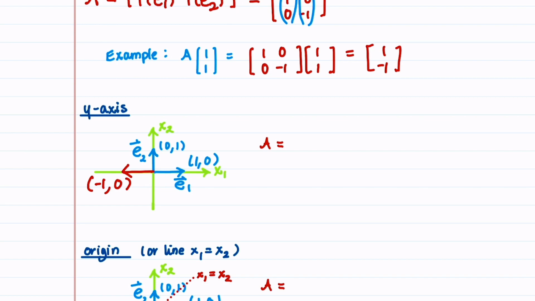And e2 lies along the y-axis, so it's going to stay the same. So A is again [T(e1) T(e2)], and that is going to equal [-1, 0] for T(e1), and T(e2) is the same as e2, and that's [0, 1].